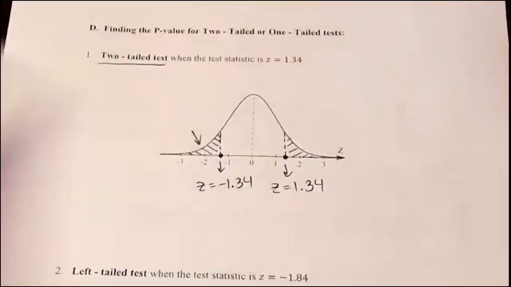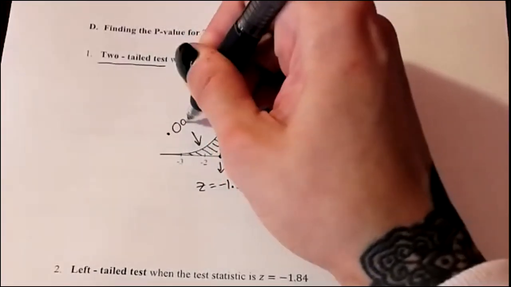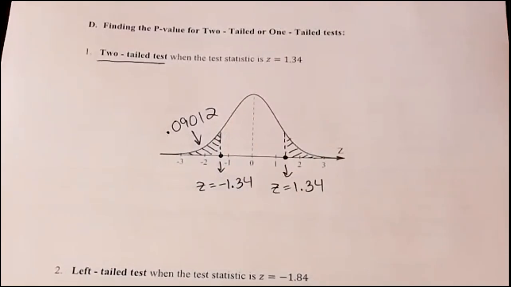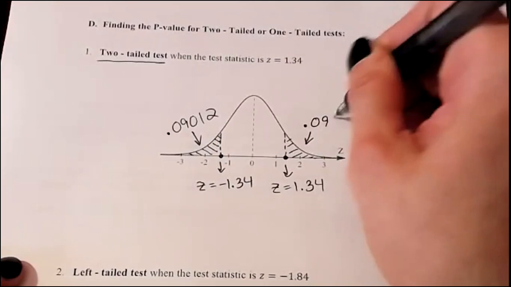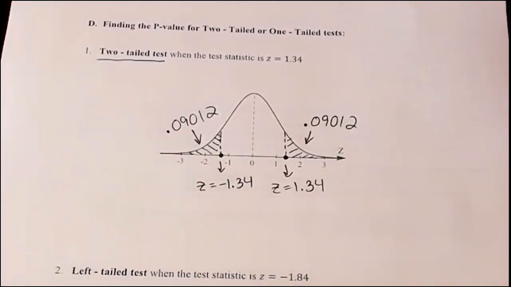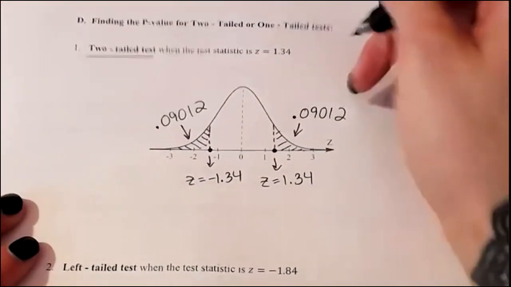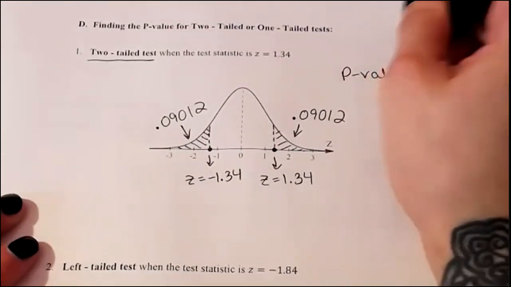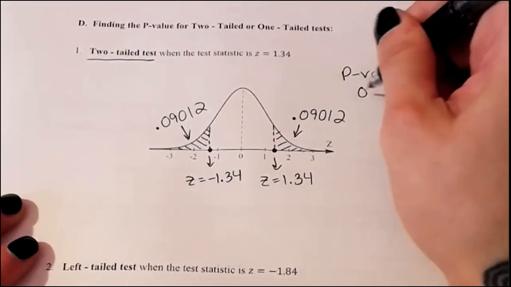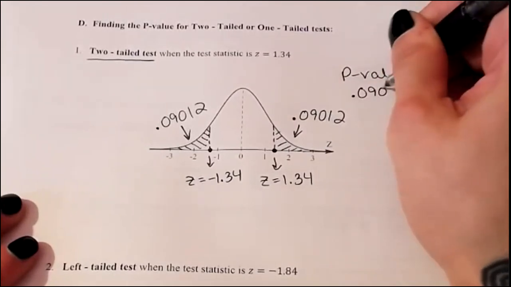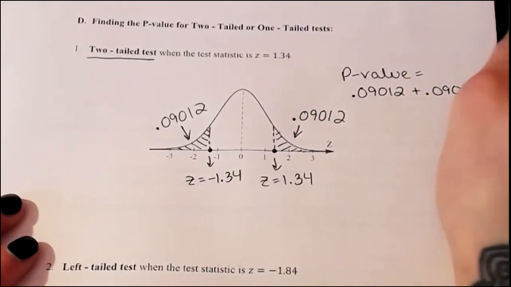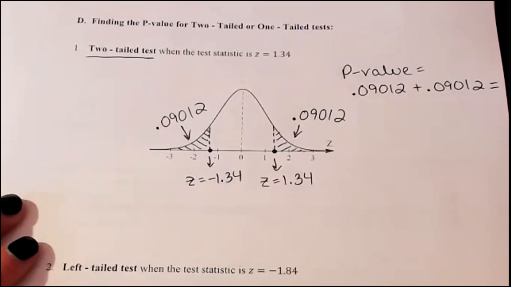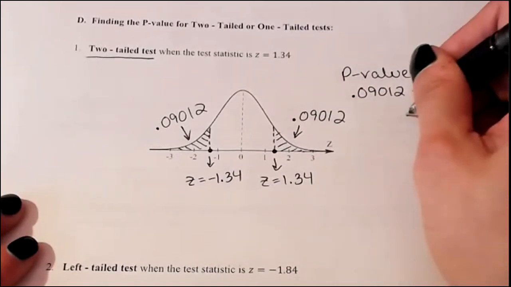Emma, no worries. 0.09012, which implies that the area above is going to be the same because our curve is symmetric about the mean. So both areas are the same, which means we have a combined p-value. So our p-value is going to be the sum of both of those tails, which is equal to 0.18024.